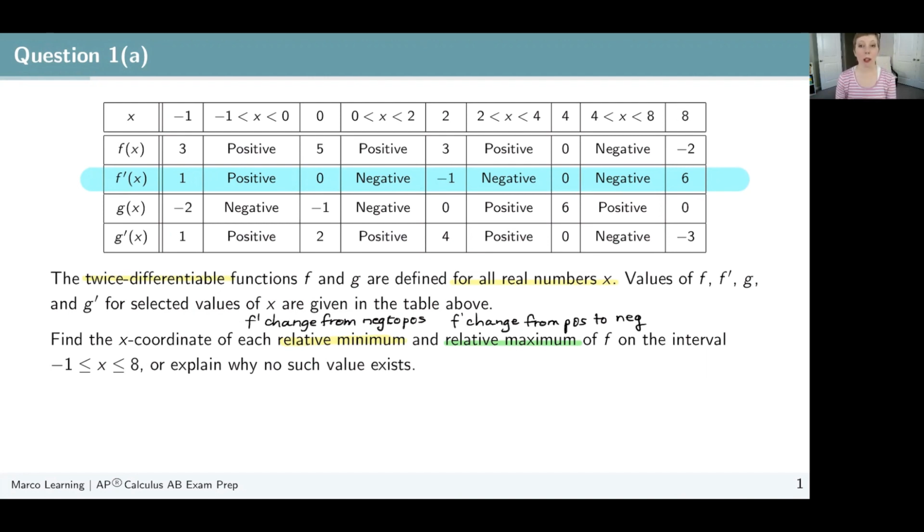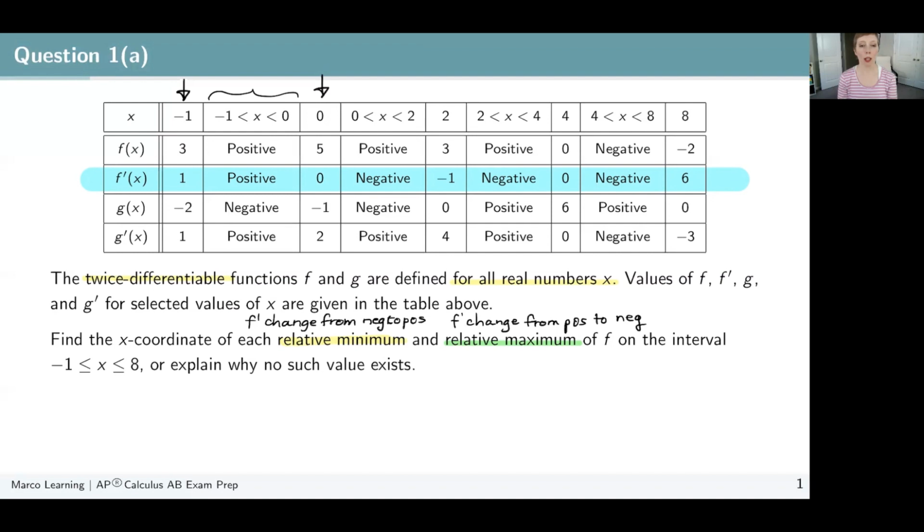Now, the table might look a little bit strange to you because it has some numbers in it and some words in it, but we want to pay attention to these x values. So here x equals -1 and here x equals 0. In between, this description is for all the x values, not including -1, not including 0, but all the values strictly in between -1 and 0. So we know that f prime is positive everywhere in between -1 and 0.